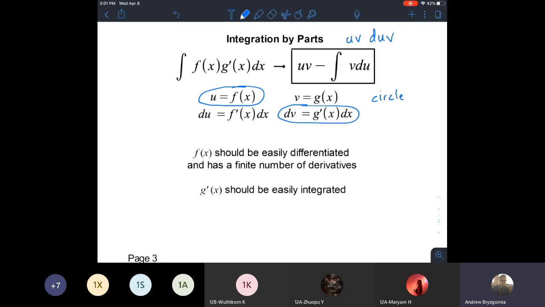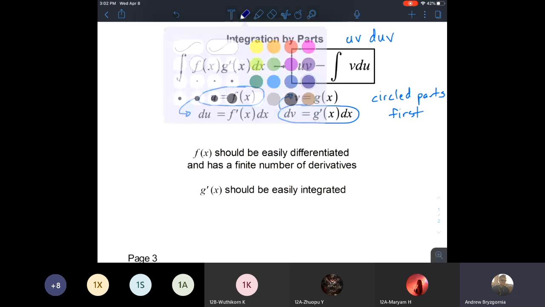I'm just going to make a note here to the side. We want to do the circled parts first. Once we have identified u and dv, we integrate dv to find what v is, and then we find the derivative of u to get du.